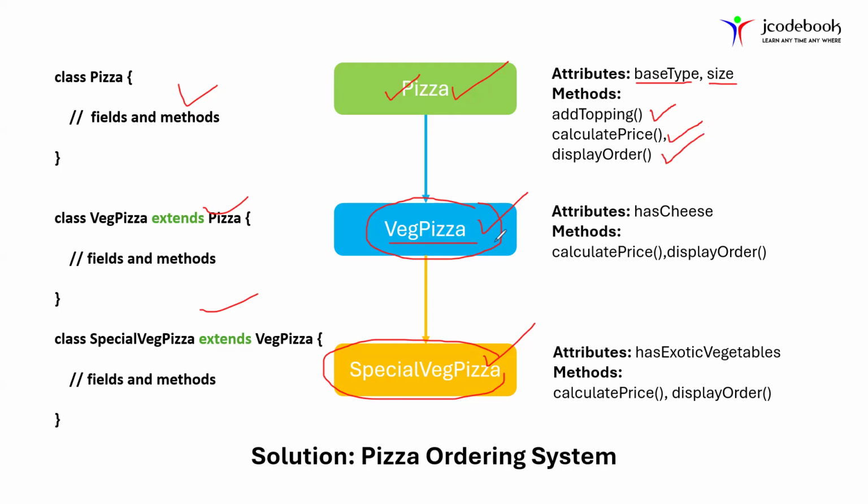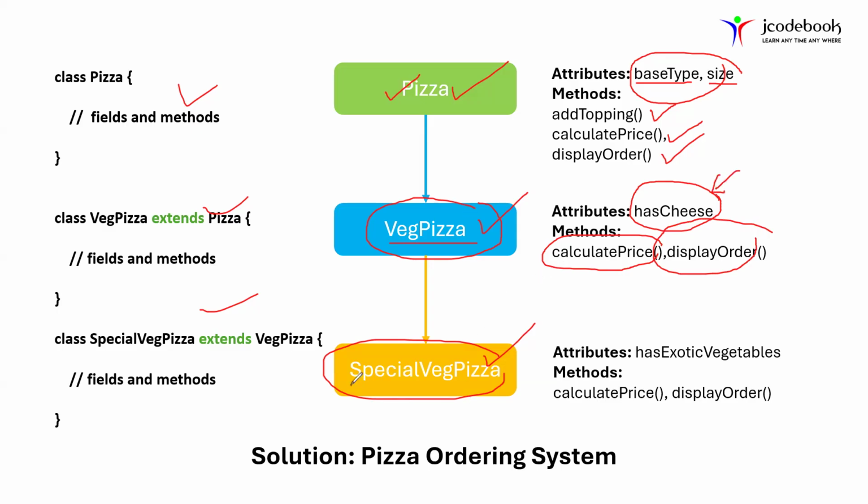Inside VegPizza, you will use the attributes defined inside the base class, baseType and size, and you will add one more extra attribute, hasCheese. And you will override both methods, calculatePrice and displayOrder, in order to display the order and calculate the price of a veg pizza if you add cheese to it.